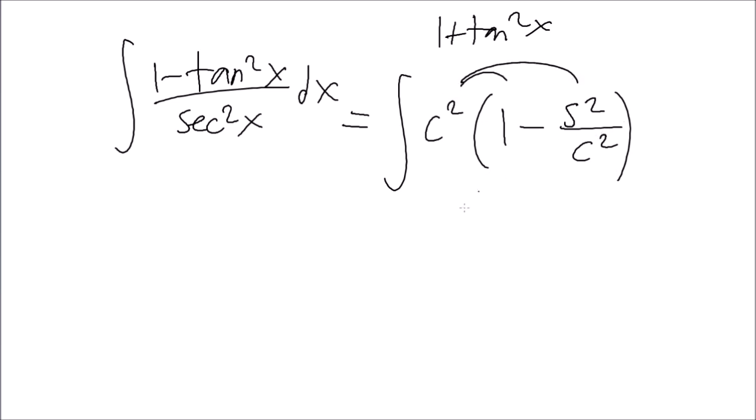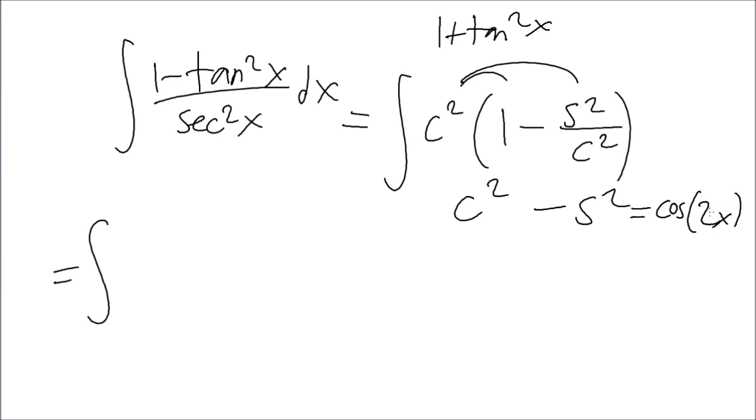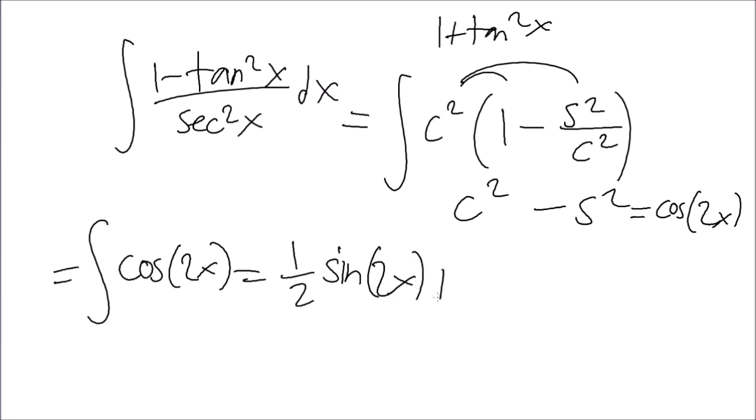We distribute, and this gives us cosine square minus sine square. Ooh! Cosine square minus sine square. Remember what that equals? You should remember this is cosine 2x. So the answer is a half of sine 2x plus c.